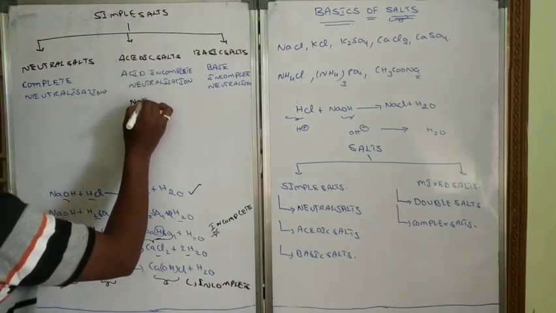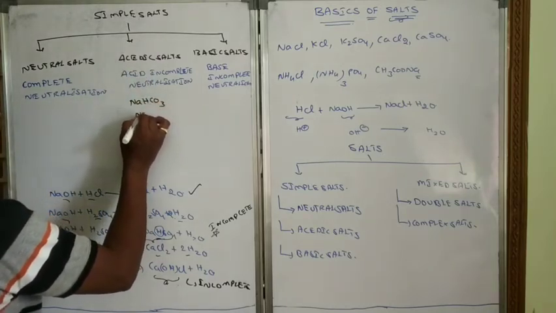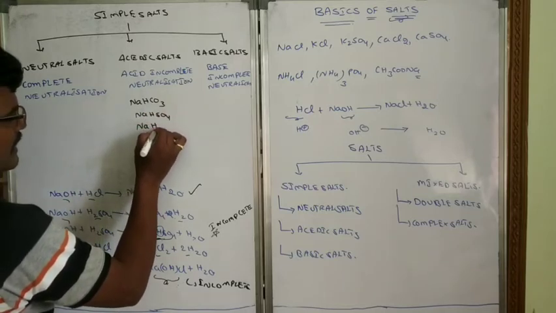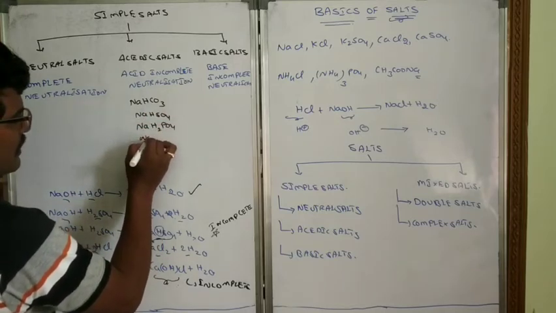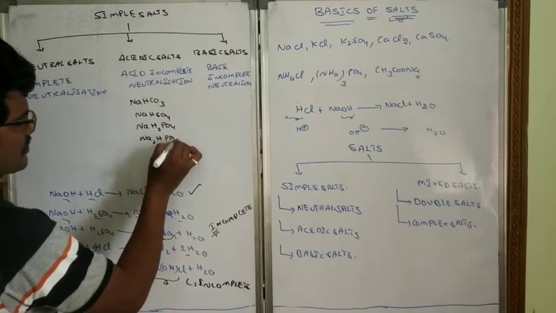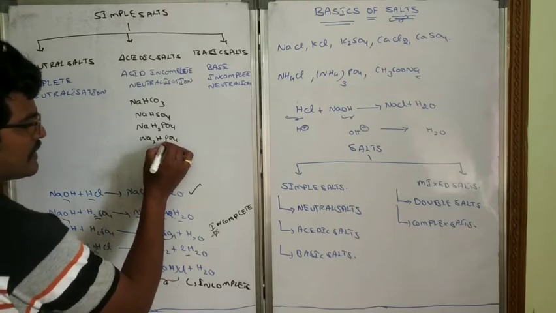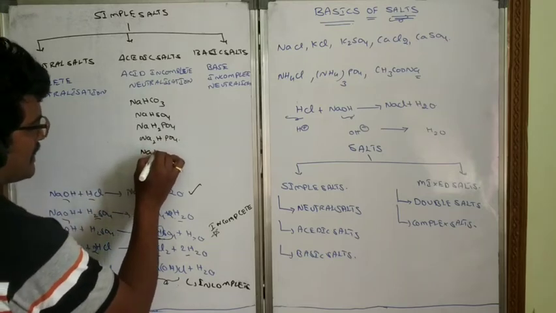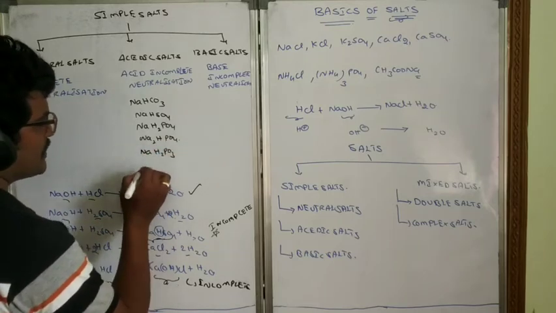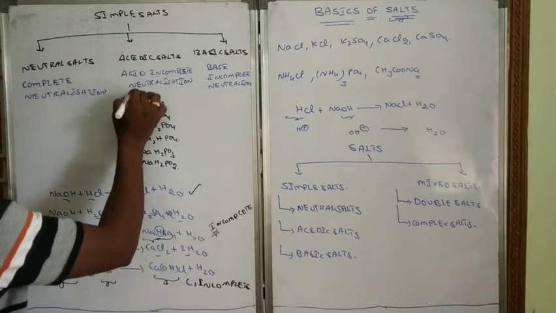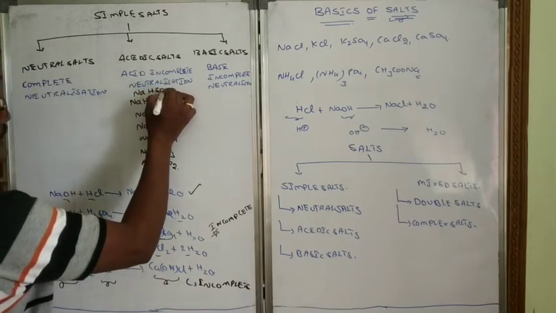Acidic salts examples are NaHCO3, NaHSO4, NaH2PO4, Na2HPO4. Phosphoric acid is undergoing incomplete neutralization. NaH2PO3, NaH2PO2, NaHSO3.